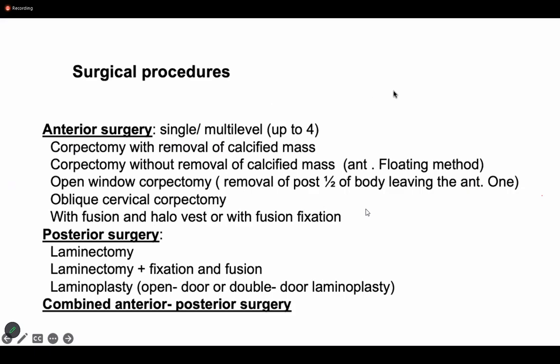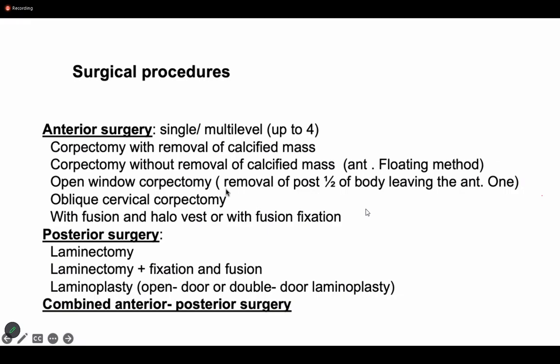It's good. With some techniques: corpectomy with removal of the ossified mass, or corpectomy without removal of the ossified mass, with anterior floating methods, which I will present after.